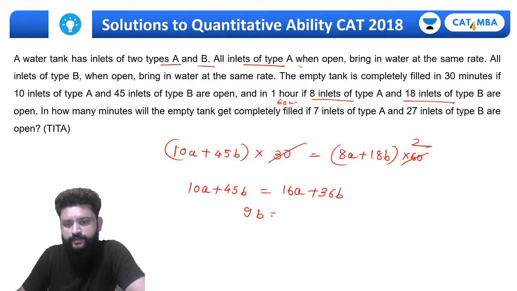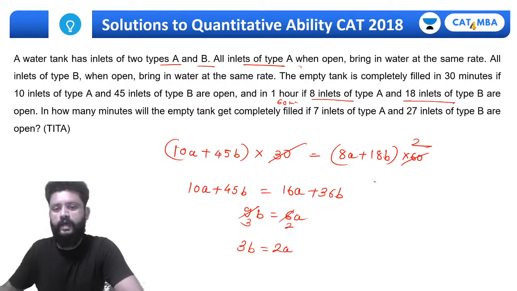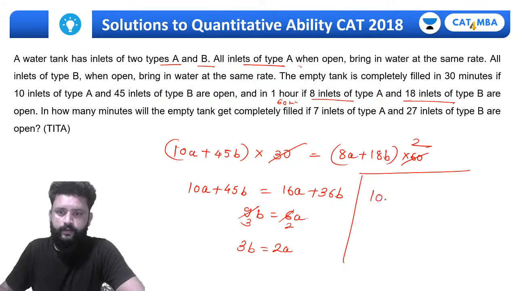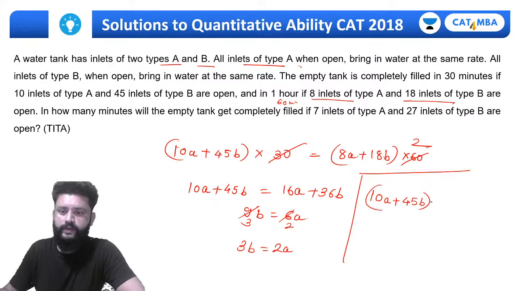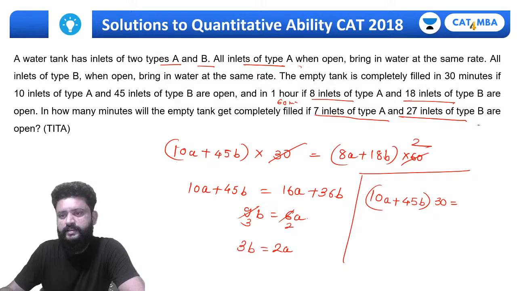I can say 9B equals 6A, so 3B equals 2A. Now you can use any of these two; let's use the first one. 10A plus 45B into 30 must be equal to, now we need to fill this tank by 7A type and 27B type.